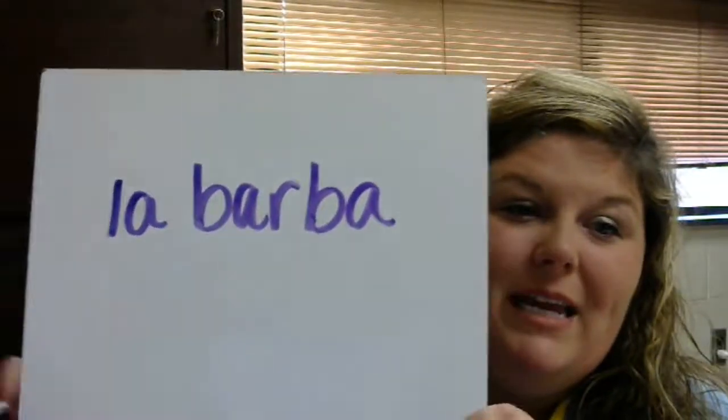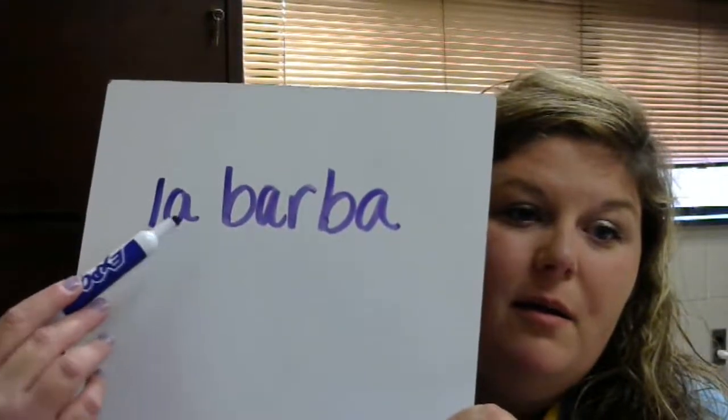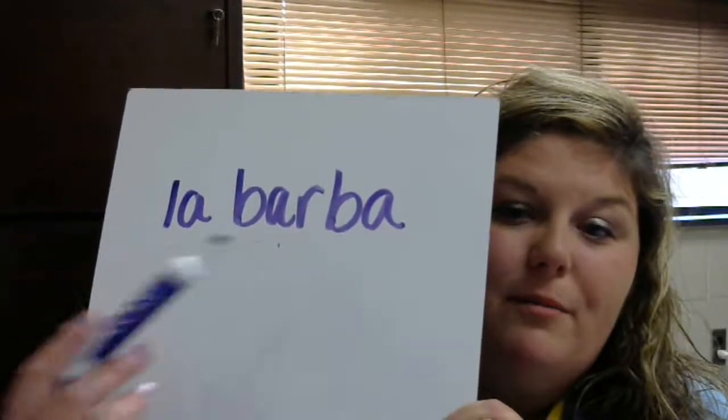So, for example, as we said before, barba, meaning beard, is a feminine word because it ends in A. So if we want to say the beard, we put la in front of barba to mean the beard. La barba, the beard.